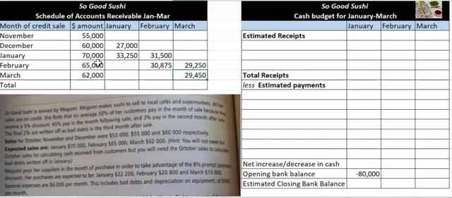Alright, so make sure you've got those ones written in. And the last one, it tells us 3% pay in the second month after sale. So November will be paid 2 months after, in January. Sometimes you've got to check here because there might be an interest payment or an extra charge. Times 3%.